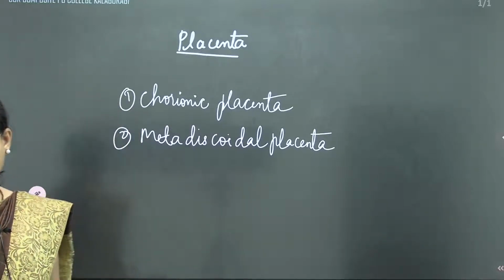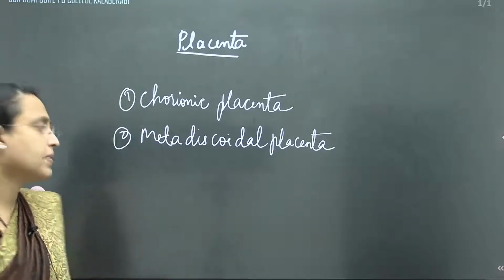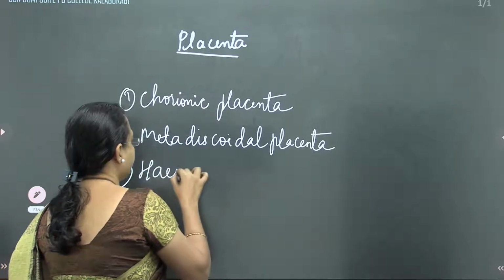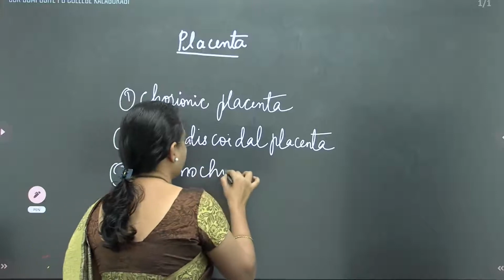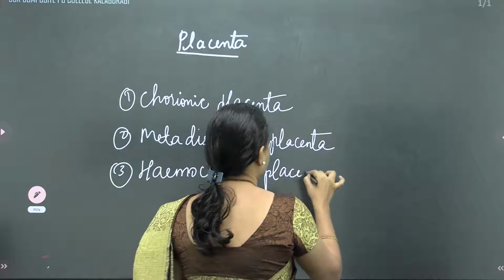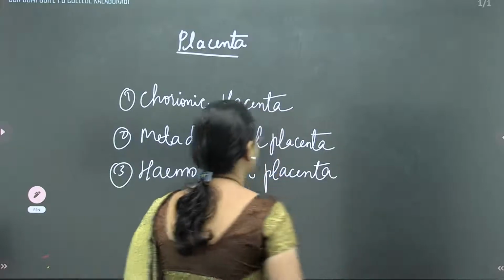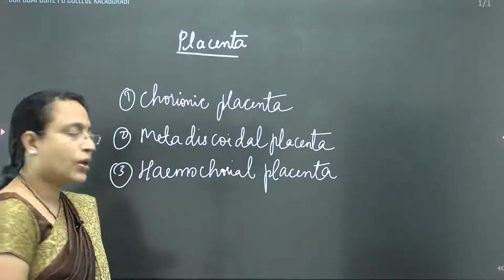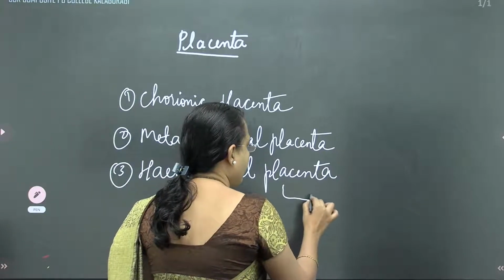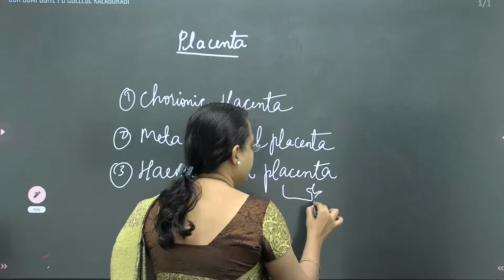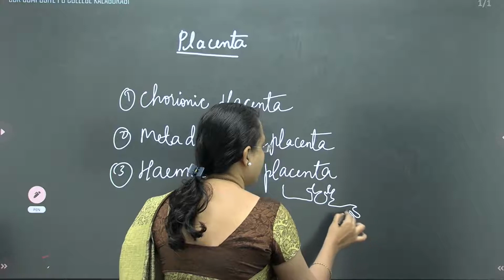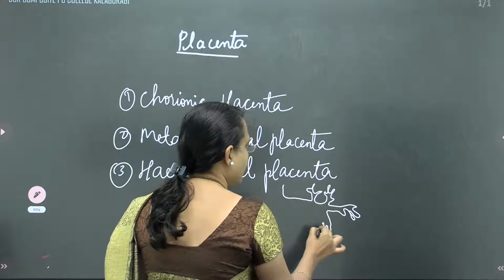So next is hemochorial placenta. Human placenta is also called hemochorial placenta. So here what happens? For example, the chorionic villi has been well developed and now it is called as placental villi.